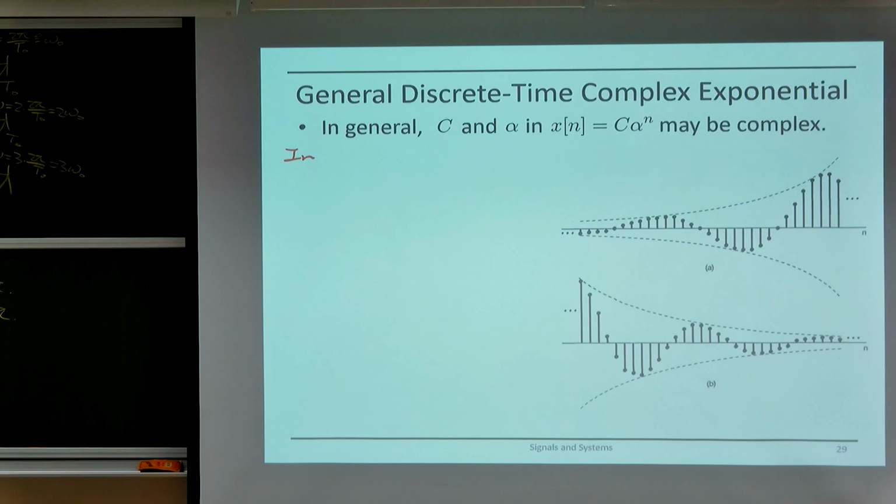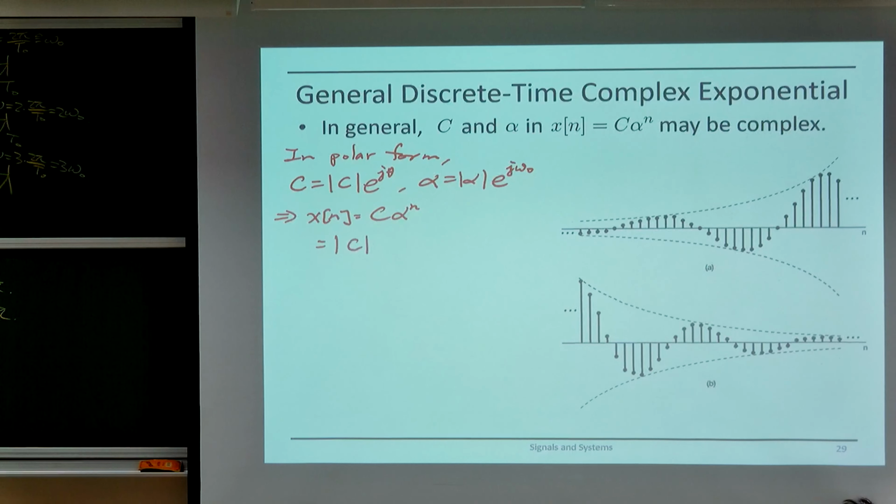If you write C in polar form, so that C is equal to the absolute value of C times e to the j theta, and you do the same thing for alpha, then plugging it into the general formula x[n], which is C alpha to the n, we find that this is C times the absolute value of alpha to the power n times e to the j (omega naught n plus theta).